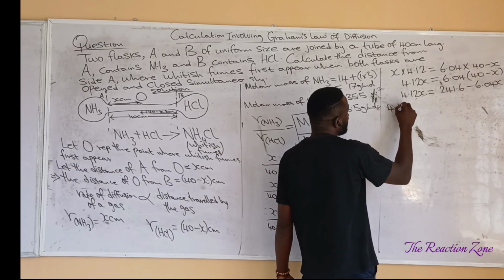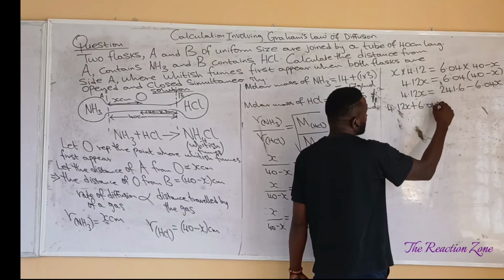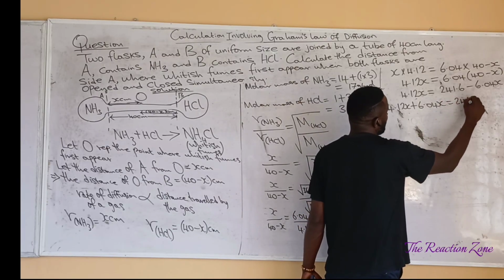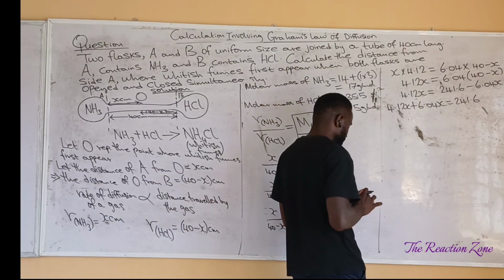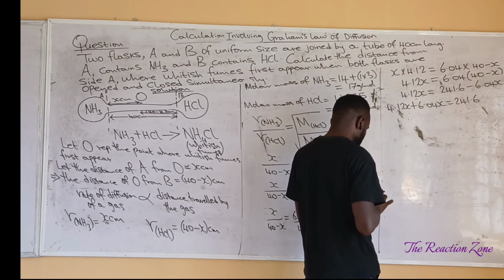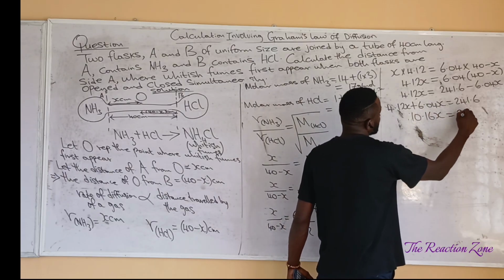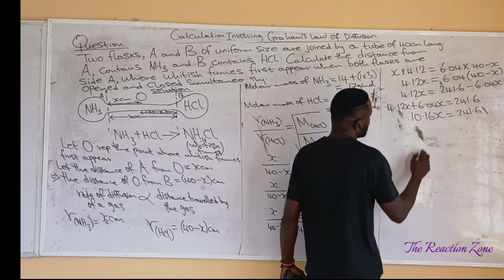So this is 4.12x plus 6.04x will be equal to 241.6. 4.12 plus 6.04 gives us 10.16x is equal to 241.6.